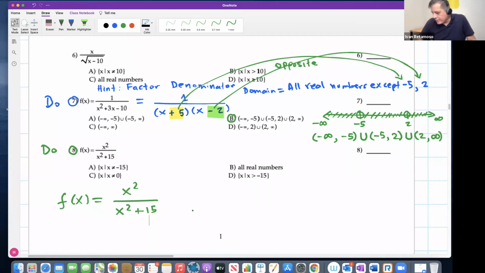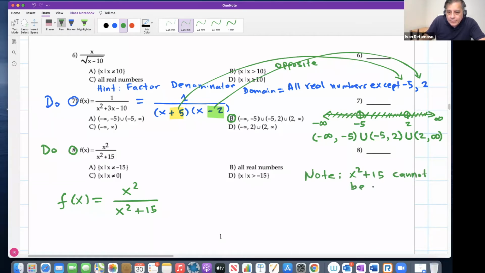I will comment on that. Note, right here: x squared plus 15 cannot be factored. Even if you set x squared plus 15 equals 0, you will end up with nonsense there.